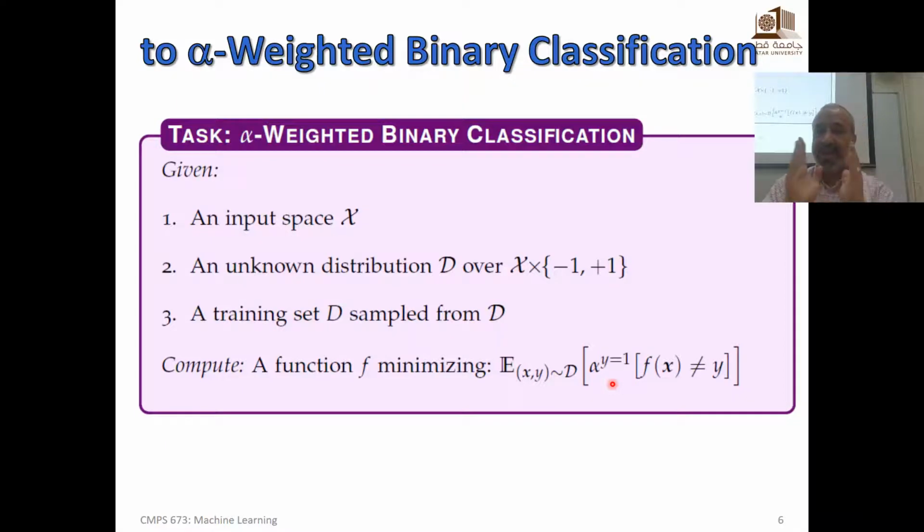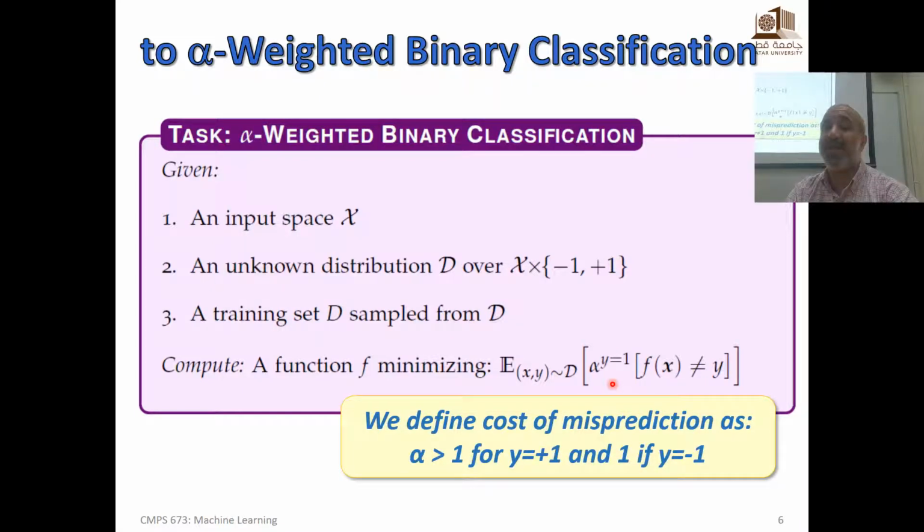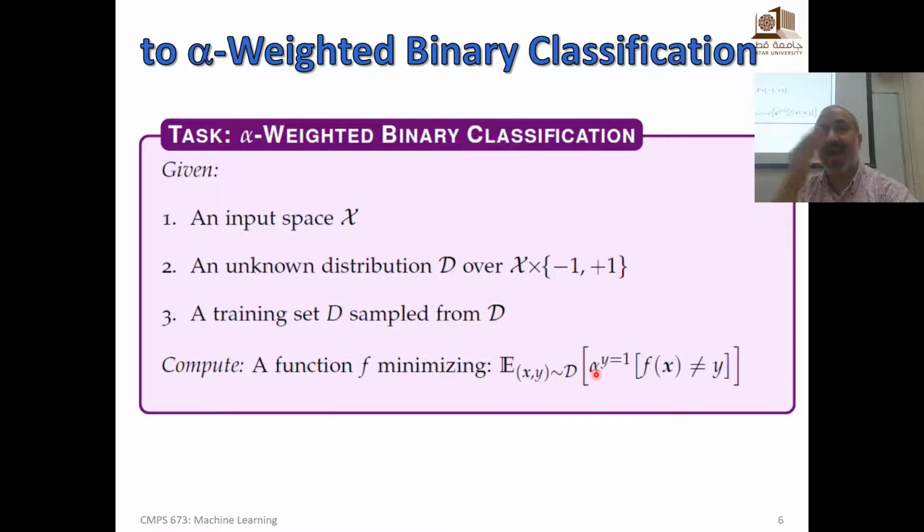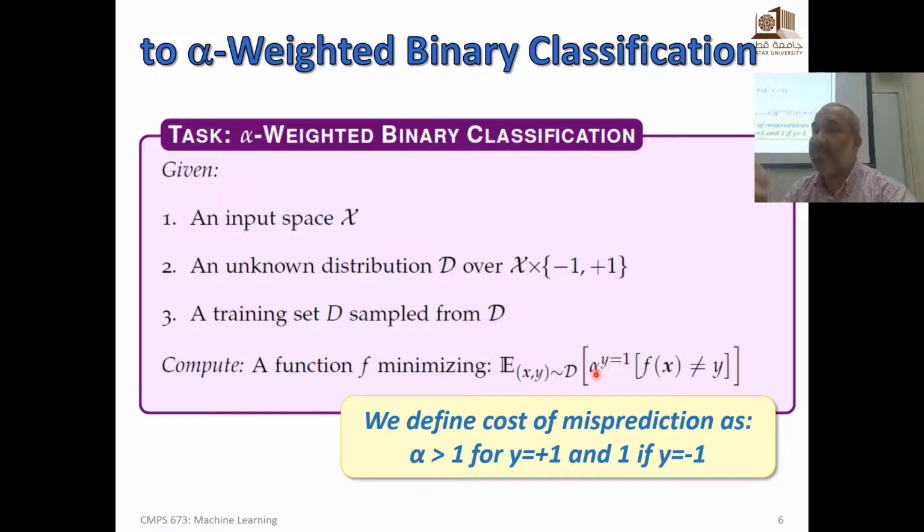So if this is the error function that the model will try to minimize, then of course this is pushing the model not to make mistakes on the positive class much more than the negative class. Okay? Is that clear? Right. So this is called alpha weighted binary classification because now there is an alpha factor in the distribution. So we define the cost of misprediction. Misprediction means the mistake that we make as alpha, which is greater than 1 when the actual label is positive, and 1 if the actual label is negative.